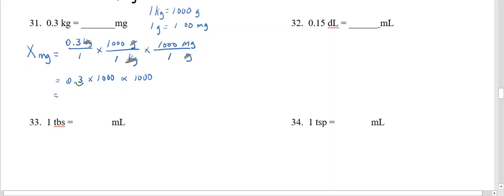So I'm going to go 1, 2, 3. I've got to add my little zeros in here, that makes it 300. So I've used that 1,000, so times the last 1,000.